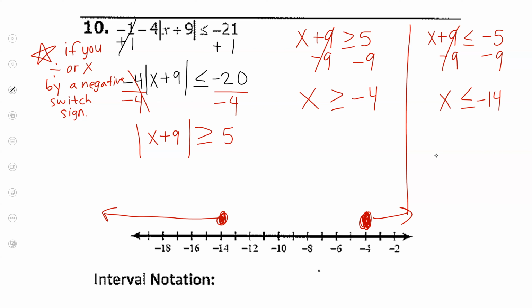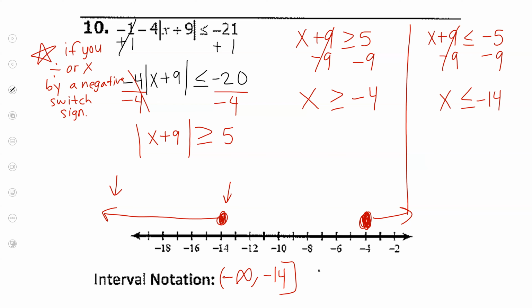So always start on the left when we're doing our interval notation. On the very left, what do we see? An arrow, and what is that arrow pointing to? -infinity, so that's the first thing you put. The next thing we see is a closed circle at -14. If you have a closed circle, what do we use?